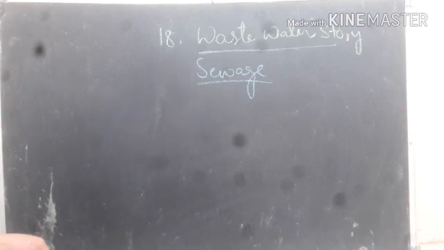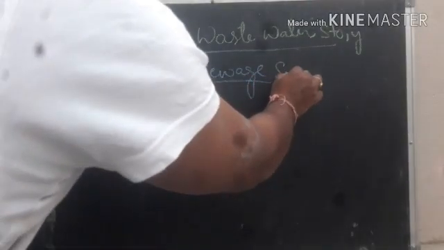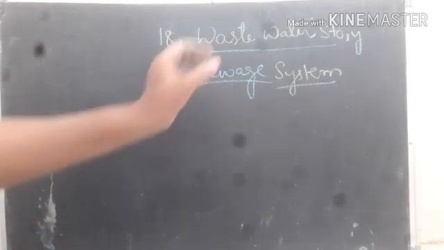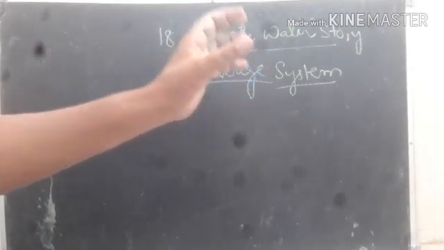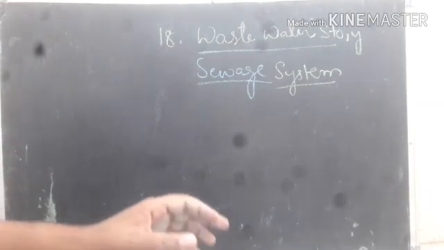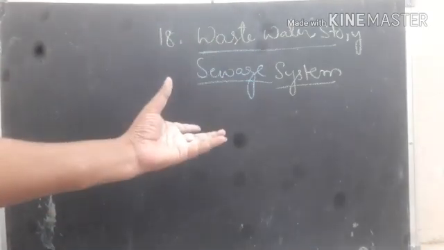Next, we'll learn what is called the sewage system. A system means it is a process, and it is made by some elements.